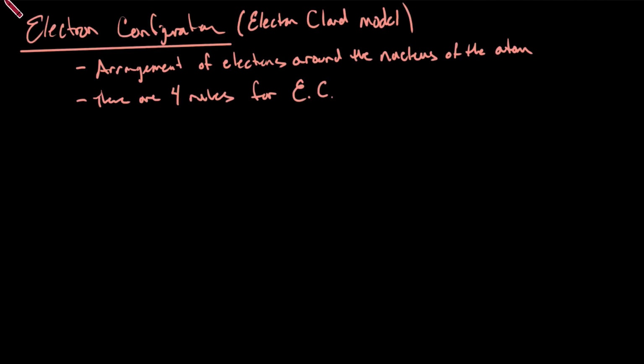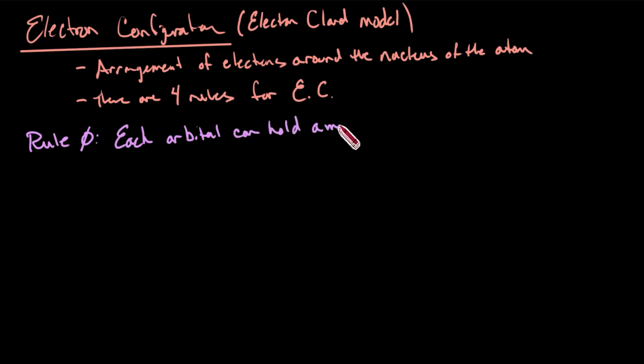Okay, rule 0 is that each orbital can hold a maximum of 2 electrons. That is rule 0.